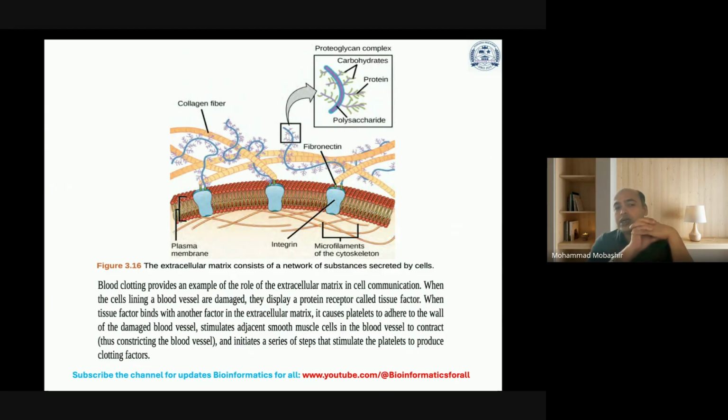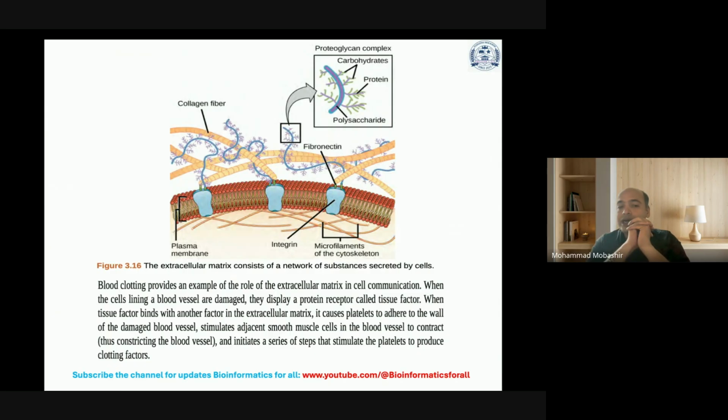So blood clotting provides an example of the role of ECM in cell communication. When the cells lining a blood vessel are damaged, these display a protein receptor called tissue factor.